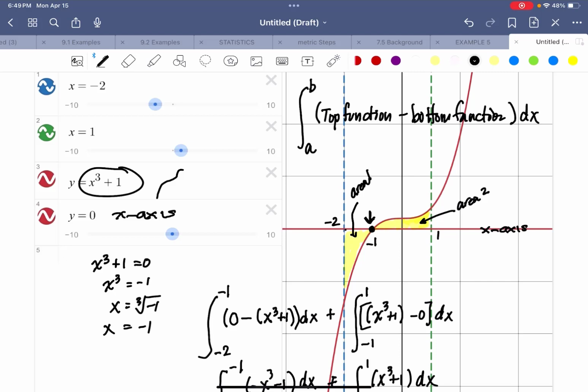Have to know where it changes over. Now, the way to know that is where you set them equal to each other. But you also will have the graph, and that will help you some, but you still are going to have to know to find that point where they change over.